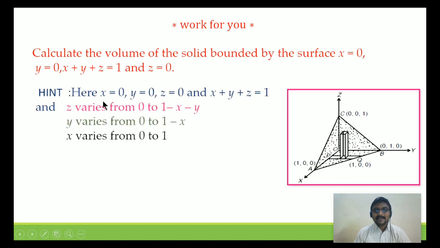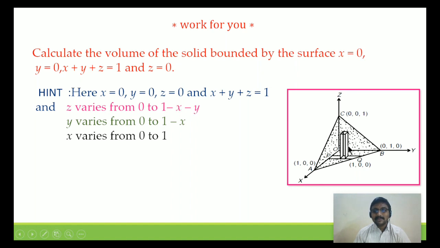Clearly, for the given region z varies from 0 to 1 minus x minus y, because if we take the strip in the volume region, the lower part of the strip touches the xy plane, so z equals 0. The upper part of the strip touches the given plane x plus y plus z equals 1, so z equals 1 minus x minus y.